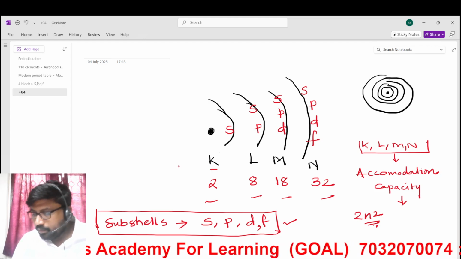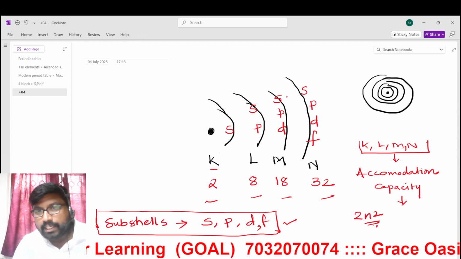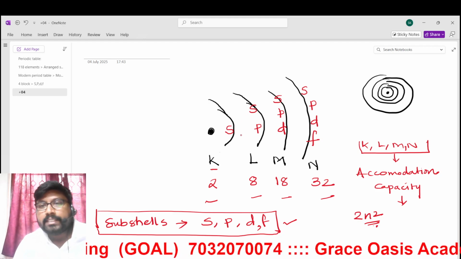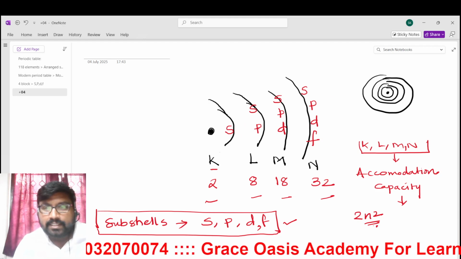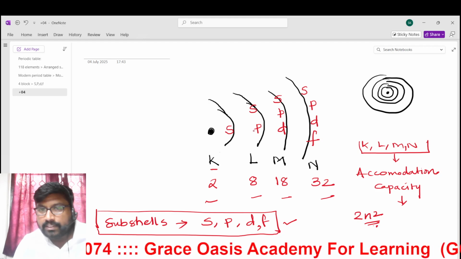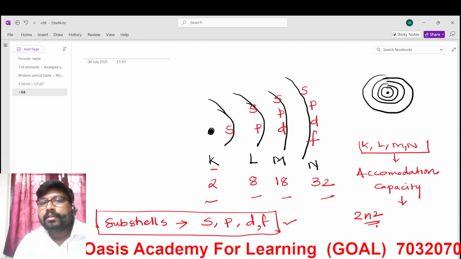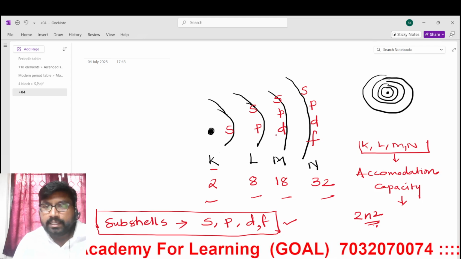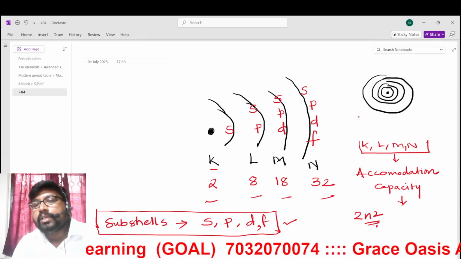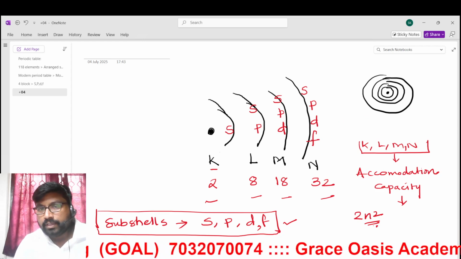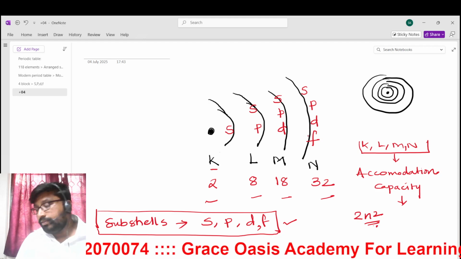If the electrons of an element end in the S subshell of the valence shell, it is grouped in the S block of the periodic table. If it ends with the P subshell, it is grouped into the P block. If the electrons are in the D subshell, they are grouped into D, and likewise F. In that manner, everything is grouped in S, P, D, F format.